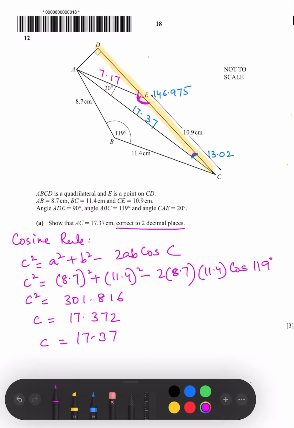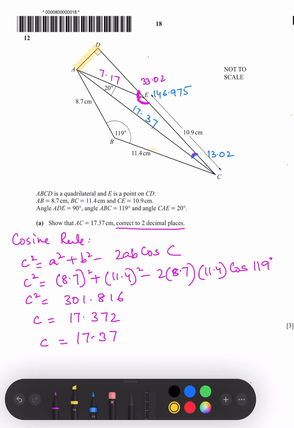So if we subtract angle AEC from 180, we get this angle, right? So 180 minus 146.975 is equal to 33.025, about 33.02. Right, now we can calculate this side.